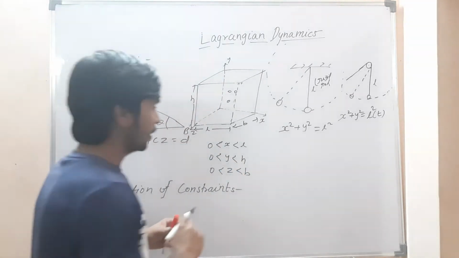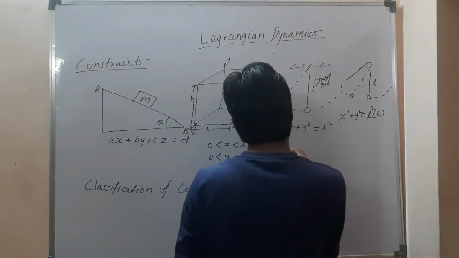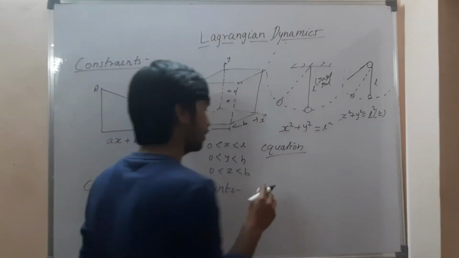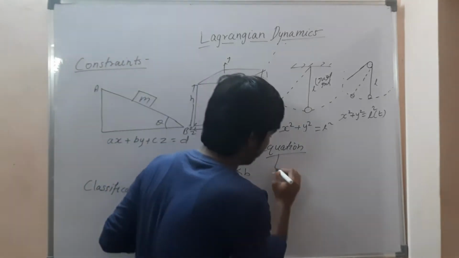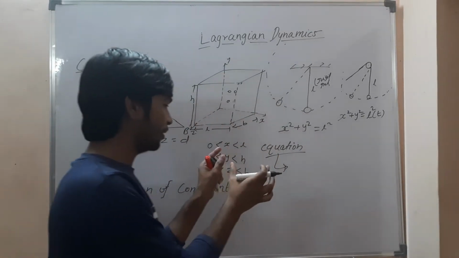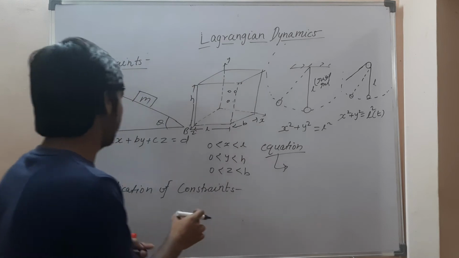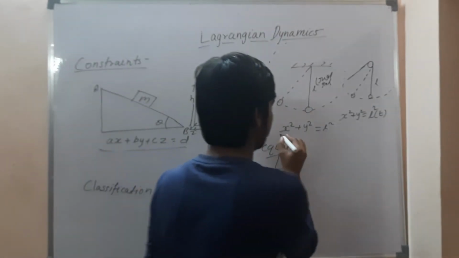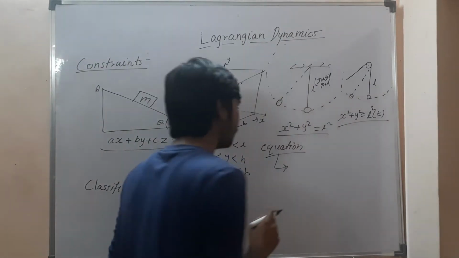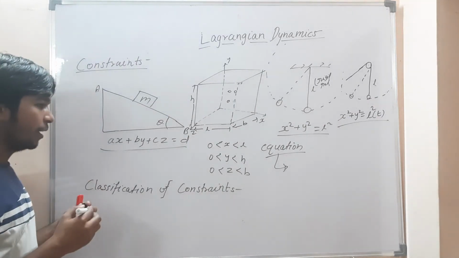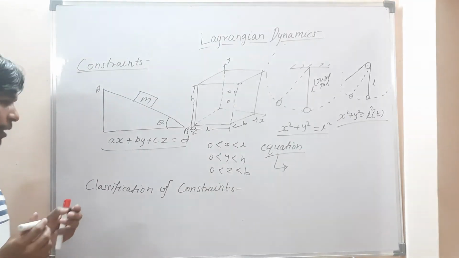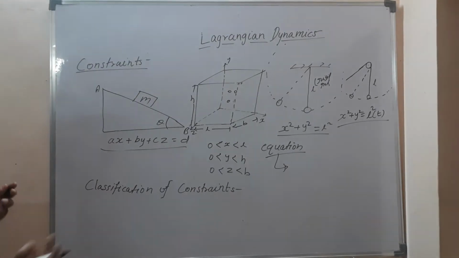If I'm not clear about equation, let me tell you that an equation, if we see the word only, means containing an equal sign. So this contains an equal sign, this has an equal sign. These are the 2 major differences, and on this basis the constraints are classified.